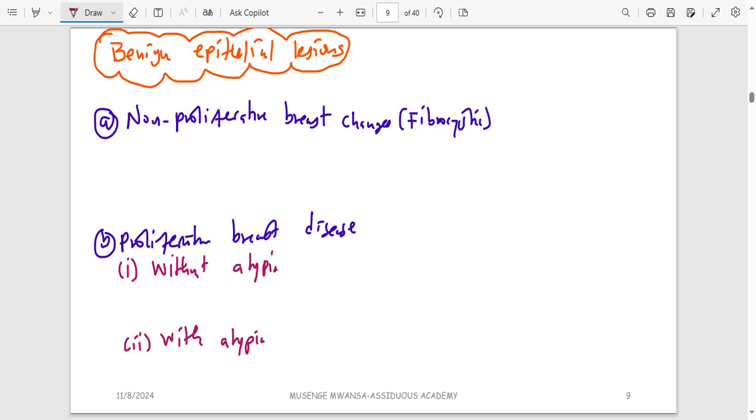Anyone that can say anything about the non-proliferative breast change? Anything? Just anything? So the first thing, please let's be free to speak.